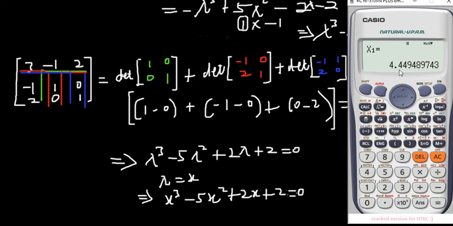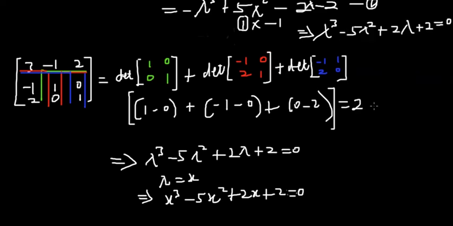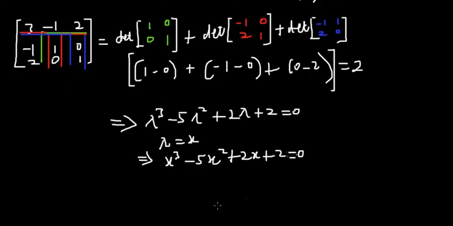So you have 4.449, so let's say 4.45, 1, and then minus 0.45. So we have our roots to be 4.45 and minus 0.45. Once you do this, you end up with the exact value.